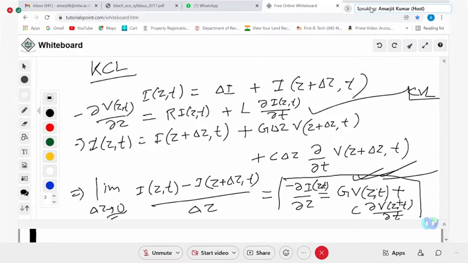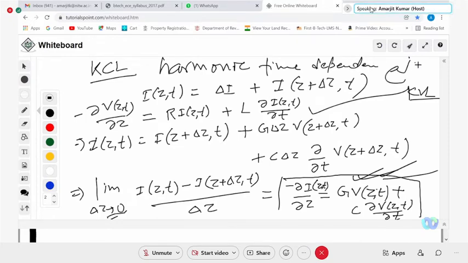So what to do? Assume harmonic time dependence, e to the power jωt. The voltage and current that we want to calculate follow this harmonic time dependence.